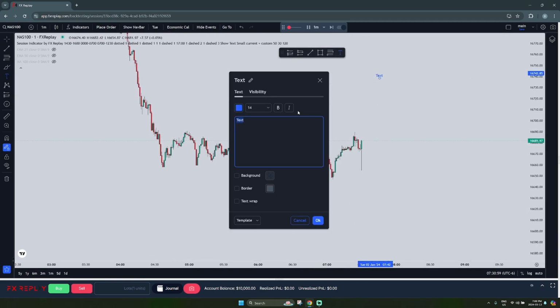My rules are, let's make this a little bit bigger, put text in black. So I need a BOS or a CH for market structure. I need a fair value gap within the range somewhere. My entry is on a demand/supply zone.